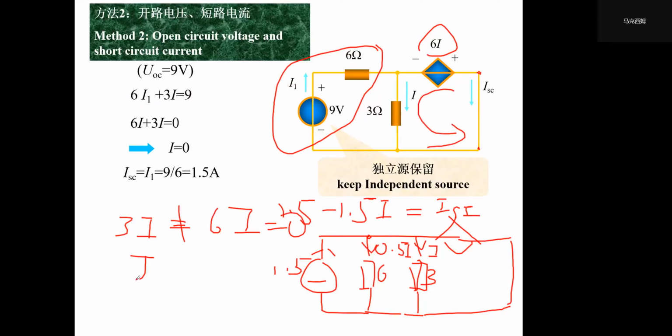So we can still calculate I equals 0. So this is the second method.